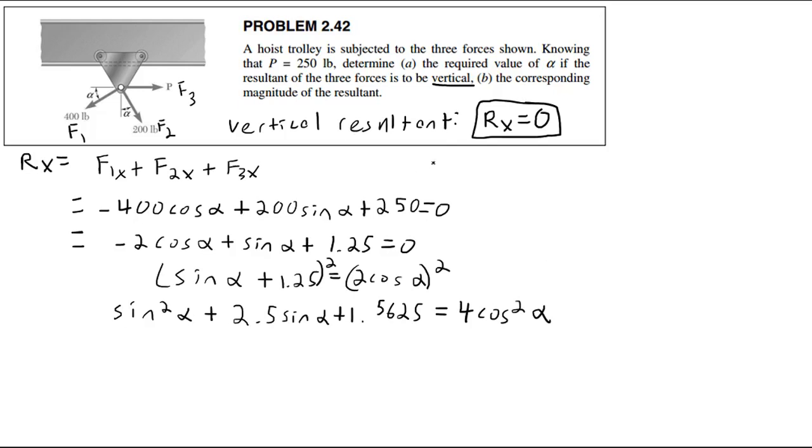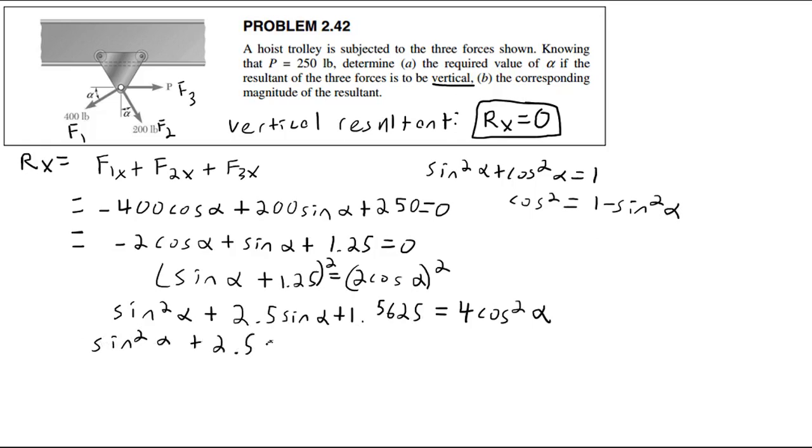However, I remember my Pythagorean identity from trigonometry: sine squared alpha plus cosine squared alpha equals 1. Isn't this lovely? I actually like this. Cosine squared alpha equals 1 minus sine squared alpha. So this would then be sine squared alpha plus 2.5 sine alpha plus 1.5625 equals 4 minus 4 sine squared alpha.